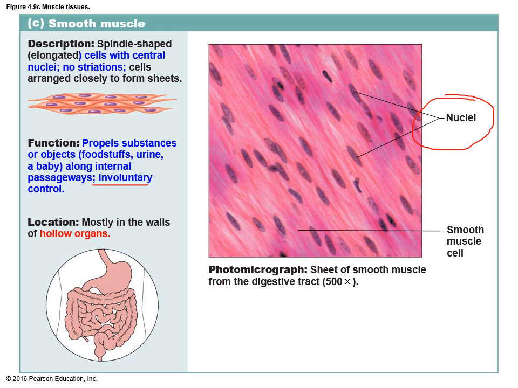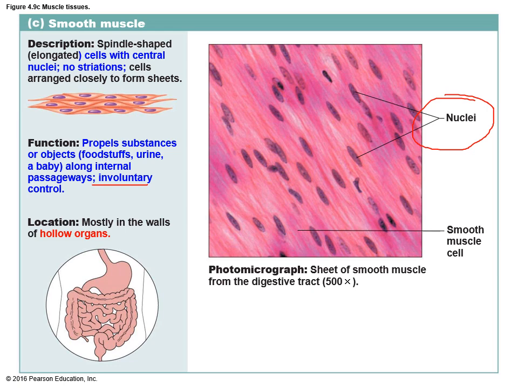Its functions will be mostly for our hollow organs or our internal organs. So that will be things like allowing for involuntary movement, like peristaltic contraction or propelling substances. So if we take a look at the movement of our food through our GI tract, or the formation of urine and expelling it from the kidneys over to the ureter, to the urinary bladder, your smooth muscle will take care of that.